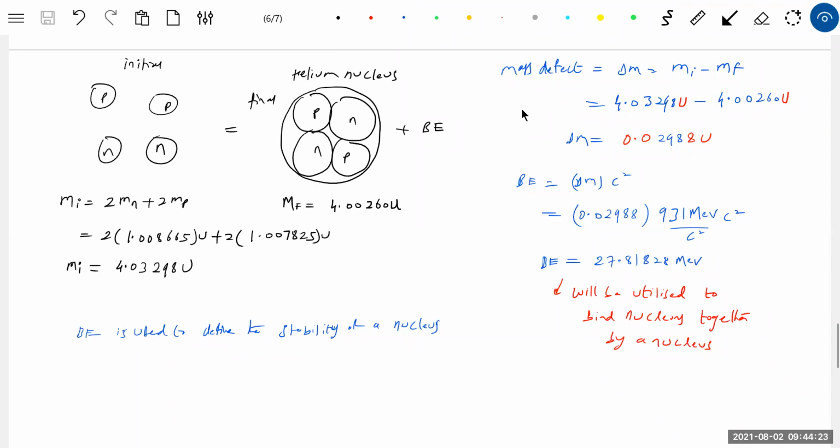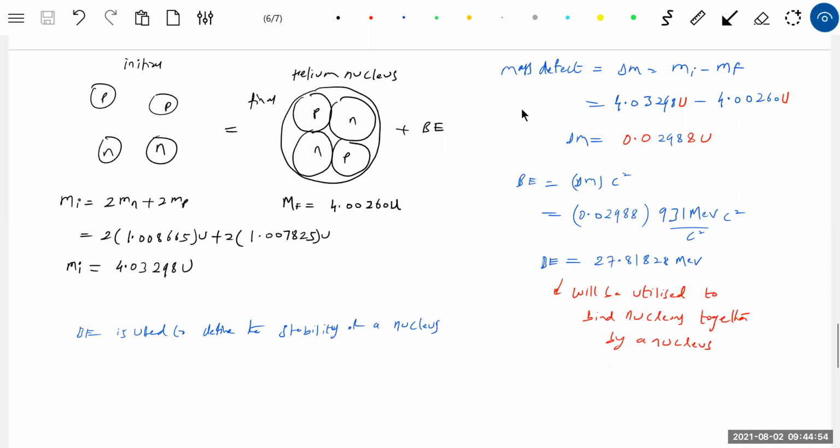Sir, it is 0.03298, no, sir. So it will be different, sir. What is the value? Sir, 0.3038 only, sir.